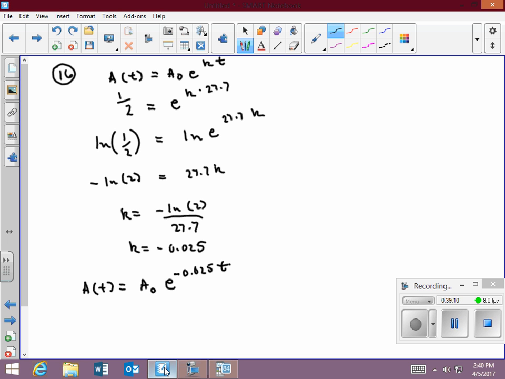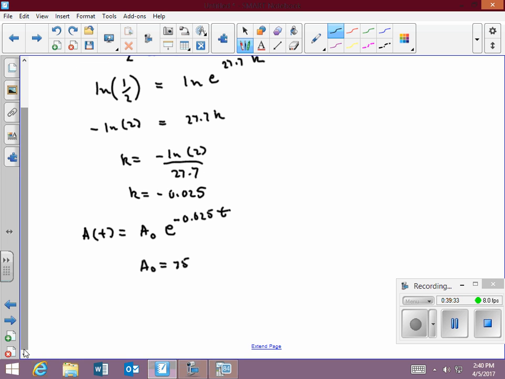Then it says determine how long it takes for 10% of the material to decay, for 90% to remain. So this is when A0 is 75, right? So then 10% would be 7.5, right?